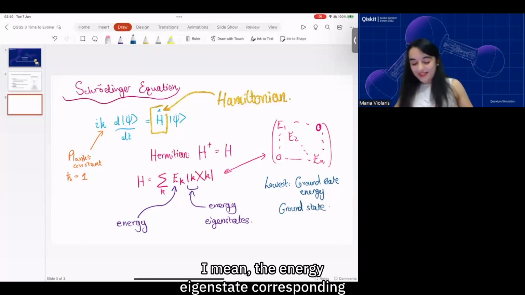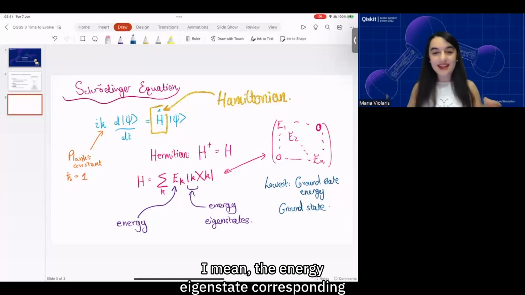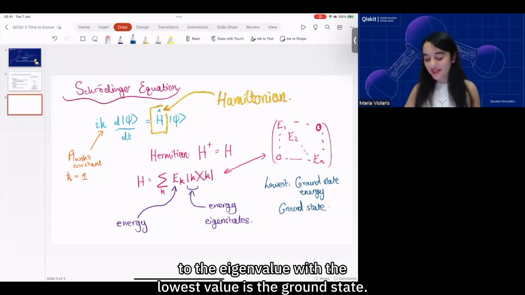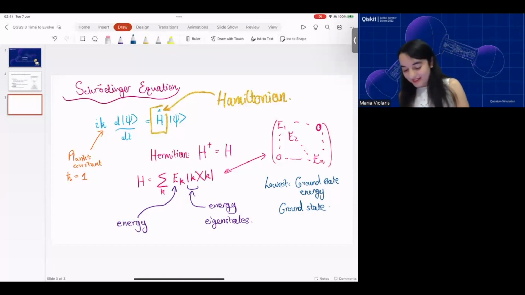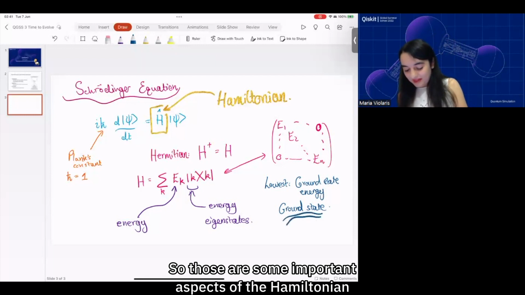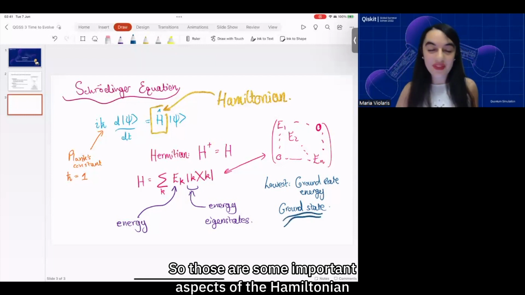I mean, the energy eigenstate corresponding to the eigenvalue with the lowest value is the ground state. So those are some important aspects of the Hamiltonian.